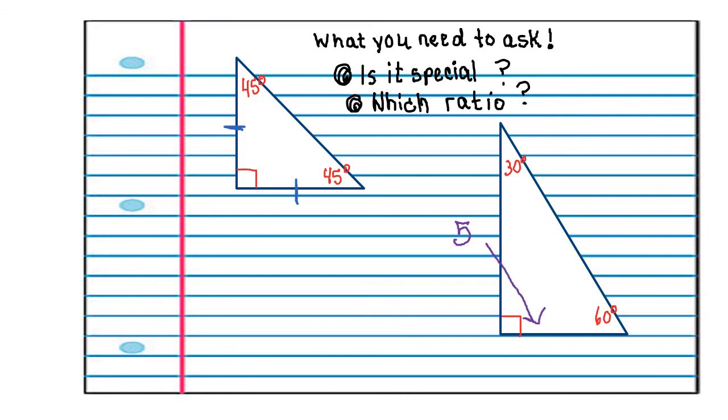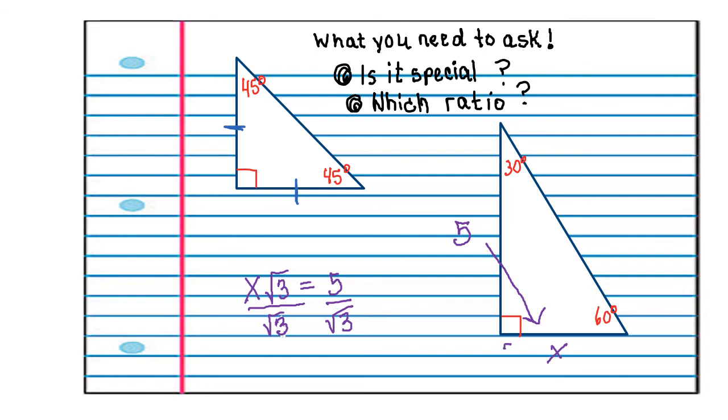And you have to think again, what did it take for the small side to get to the medium side? Well, we took that small side, multiplied it by the square root of 3, and it gave us 5. So we're going to have to divide out the square root of 3.